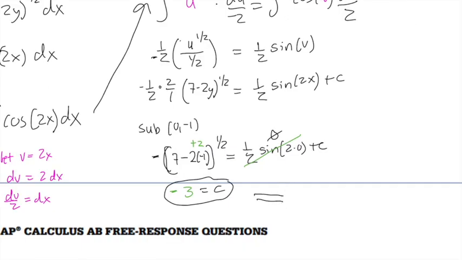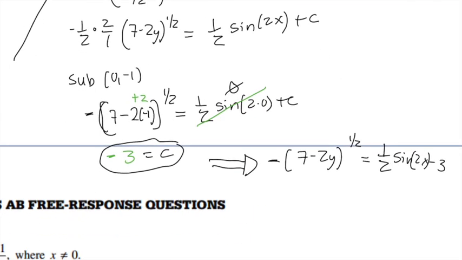Now I'm kind of running out of room because this problem is kind of long. But let's sub back. So again, we still have our negative outside here. So we have negative 7 minus 2y to the 1/2 power equals 1/2 sine of 2x minus 3.